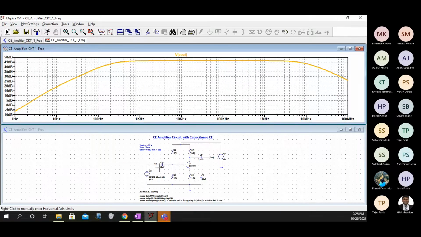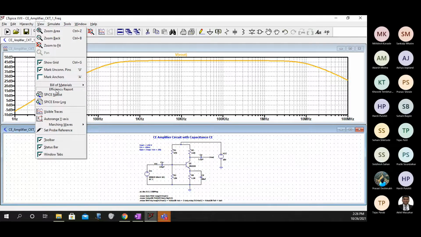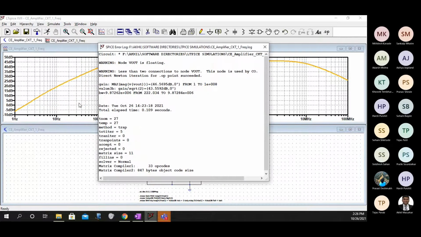So now you get the same graph, everything is same, but now the spice has measured for you gain, 3 dB gain, bandwidth, lower cutoff frequency and higher cutoff frequency. And where you can view that, you can click on the circuit, you can go to view, and then you will go to spice error log, and you can find all your values here.